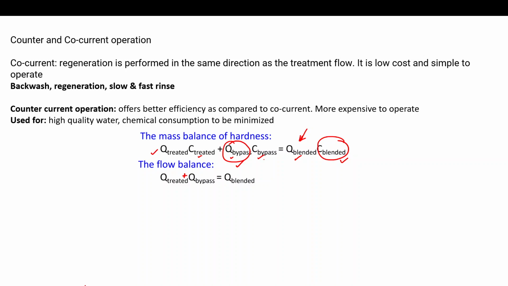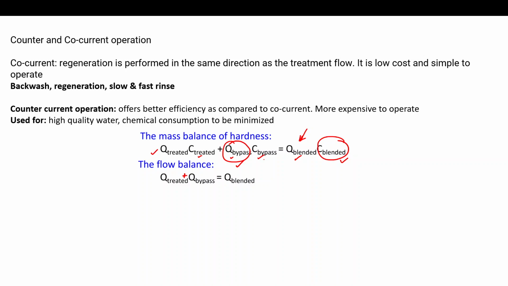Similar to the adsorption process, this ion exchange is also performed in a sort of fixed bed ion exchange bed, right? And there could be multiple ways of operating it. Usually in industries, wastewater is always coming, and the bed has some capacity to exchange.